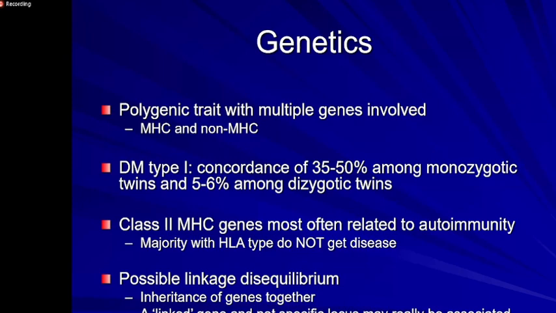Now, more often than not, the class 2 genes are related to the autoimmune diseases. And we think there is what we call linkage disequilibrium, where a certain locus, a gene linked to a certain gene, may be associated with autoimmune diseases.